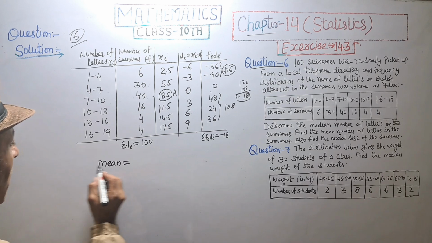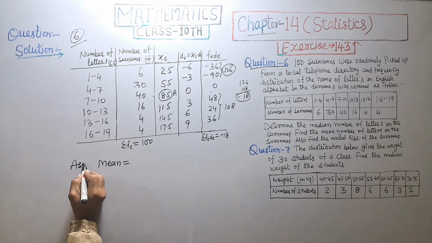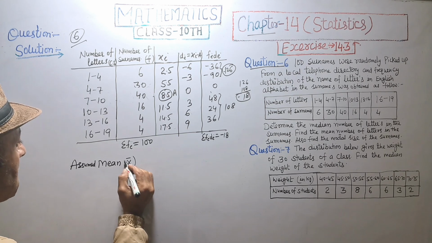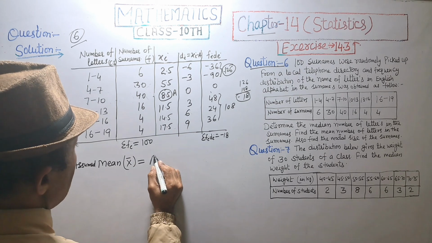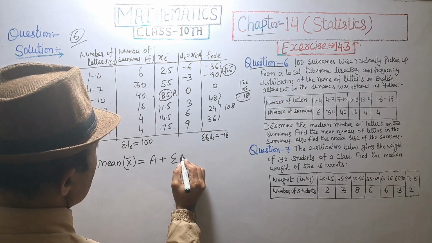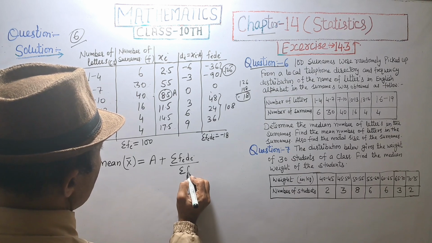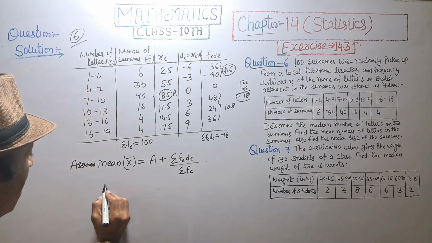Mean is equal to assumed mean. Assumed mean x dash is equal to a plus summation fi di upon summation fi.